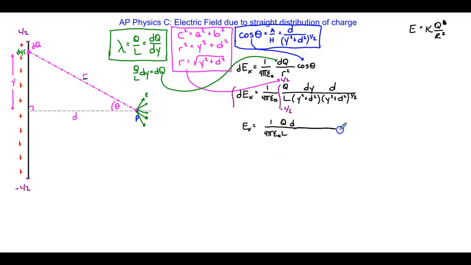And I'm left with, I should have broken this up here. Let me correct that. I just wanted to leave the d here. And then over here, I have dy over y squared plus d squared to the 3/2. And I can't forget that I haven't dealt yet with the integration over on the right-hand side, which is going to be pretty tough.